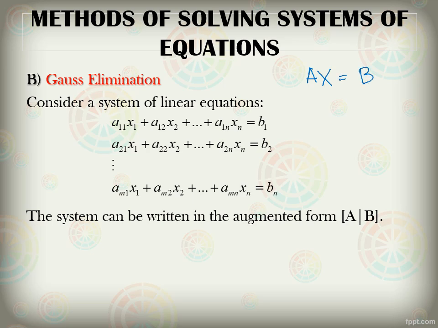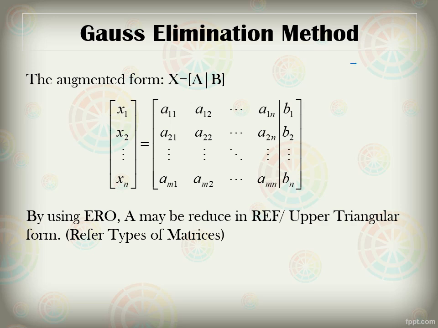So from here, you determine what is your matrix A, what is your unknown, and what is your matrix B. Alright, and then you write your matrix in the augmented form. Okay, matrix A next to matrix B.